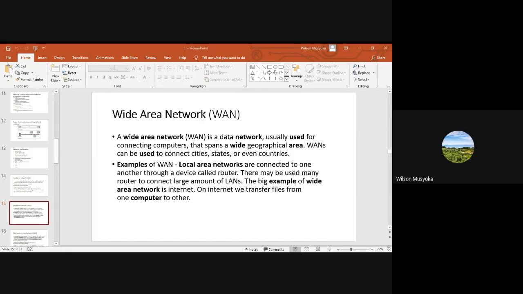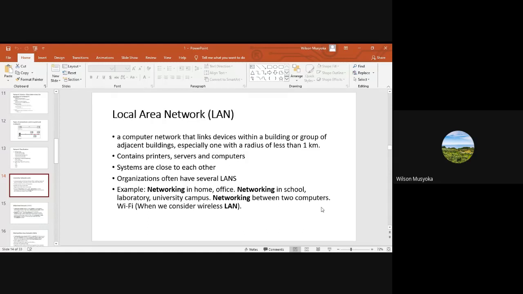Alan Gitao is asking me, how many computers can be used in a local area network? That depends. A local area network can have as few as 2 computers and as many as hundreds of computers. It will depend on the kind of connections you are making or the kind of network you are going to set up. Like we will see as we continue, the kind of network that you set up is the one that is going to determine the number of computers.